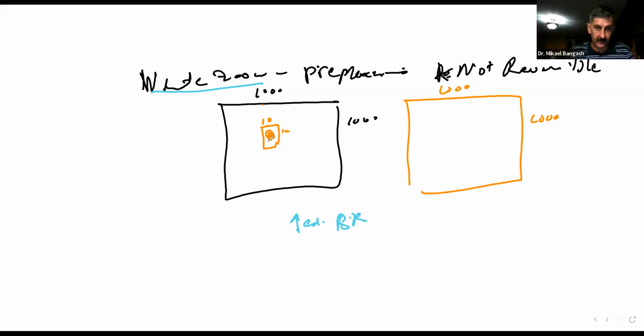Because now this region here, which is just 10 by 10 pixels on the original image, is going to be displayed by 1,000 pixels by 1,000 pixels, that is, a pixel density of 1,000 pixels.